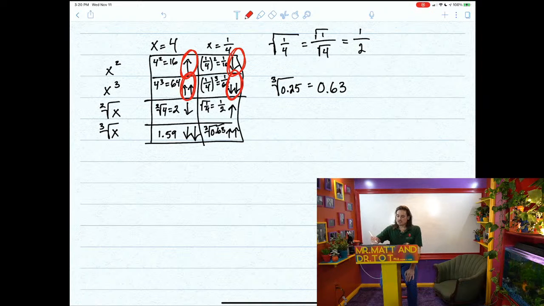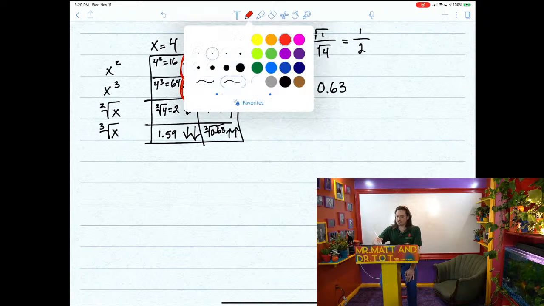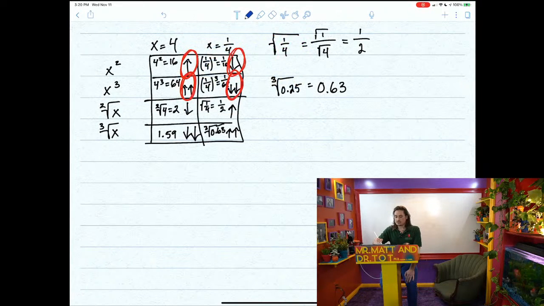The same thing is true if we imagine what happens to a number greater than 1. If we take the square root, we would normally expect a value greater than 1 to decrease, as we see here. But when the number is in between 0 and 1, the square root is actually going to increase the value.